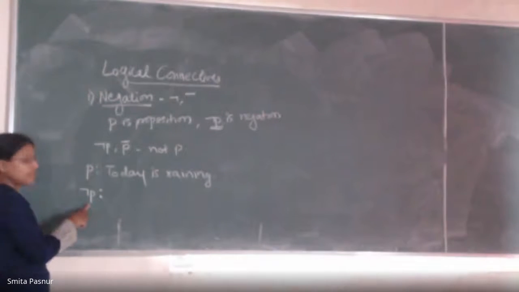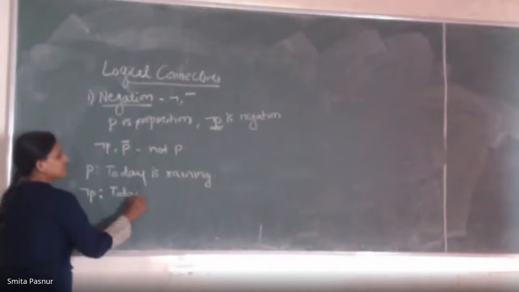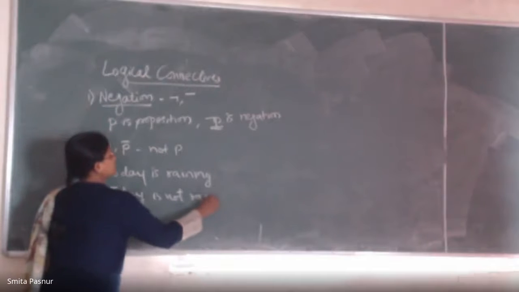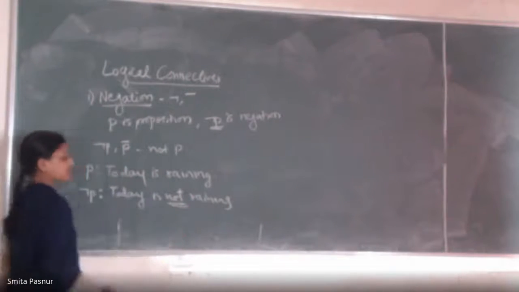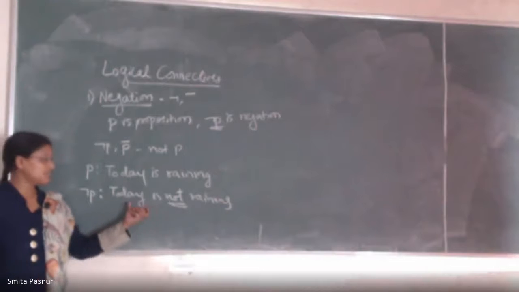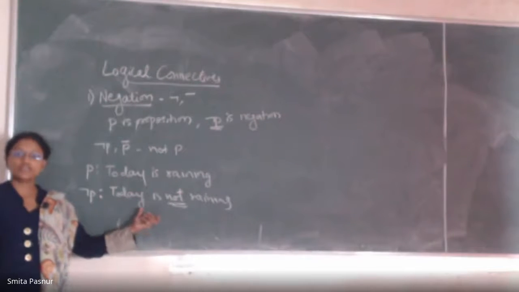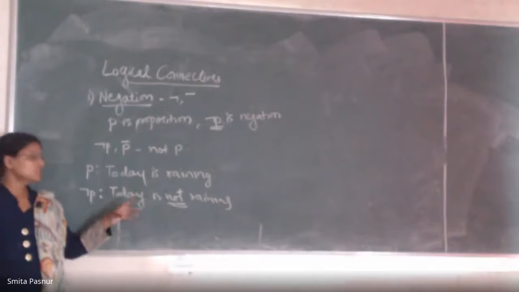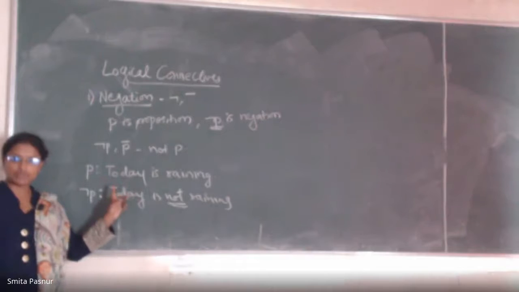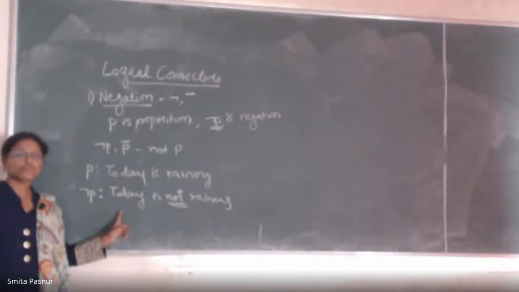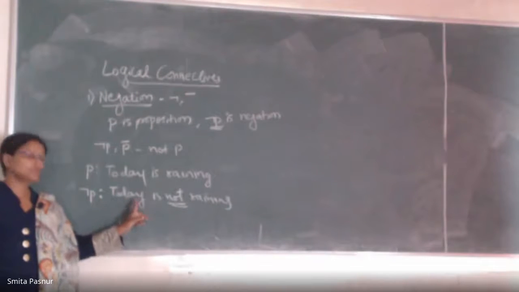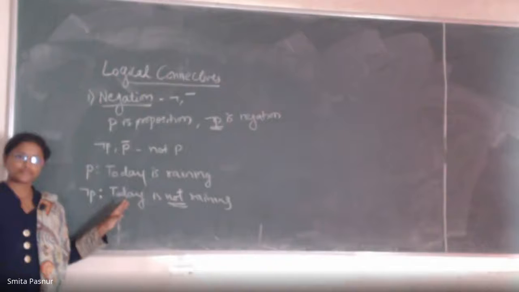What will be my not P? I just add the negative words. So, today is not raining. Adding not or never, these negative words, when you add them to the statement, it becomes the negation. That becomes the opposite. Today is raining is the given proposition, and we are converting it into negation. Not P is telling that today is not raining. Is that clear?